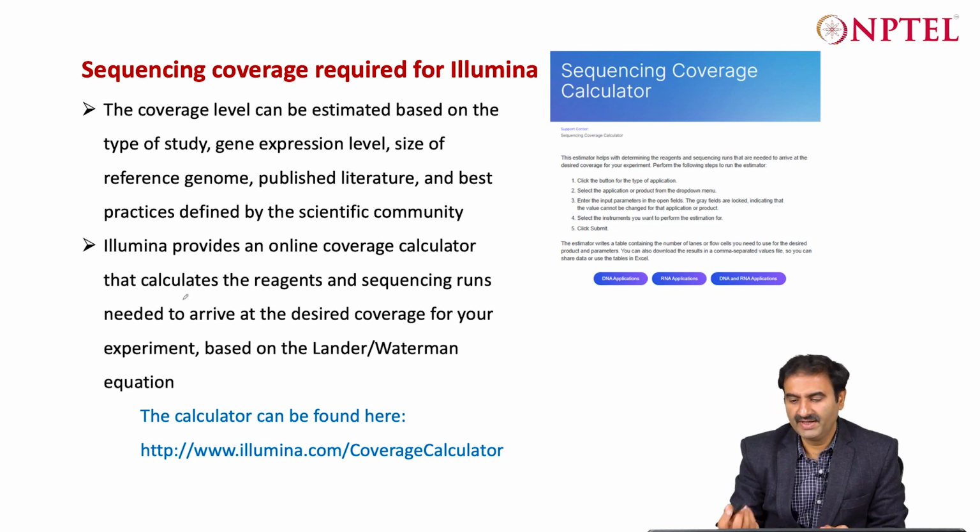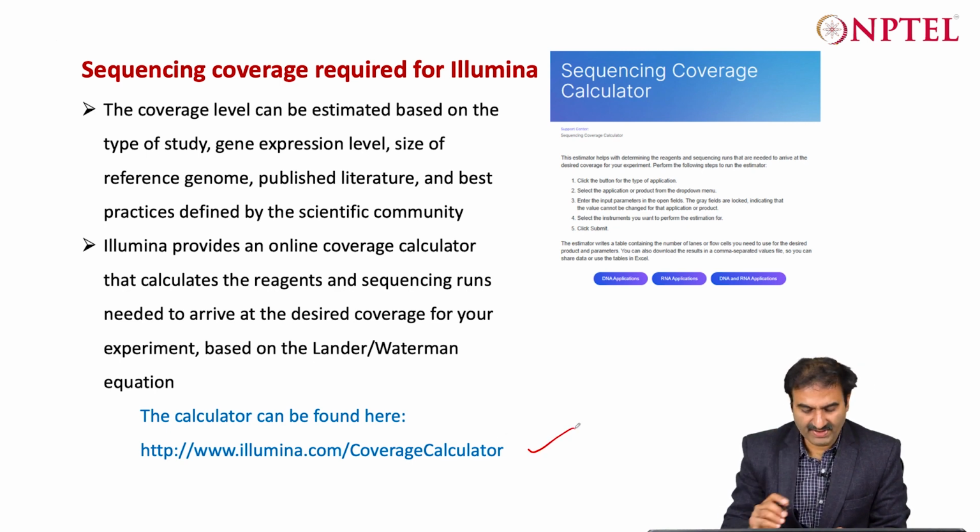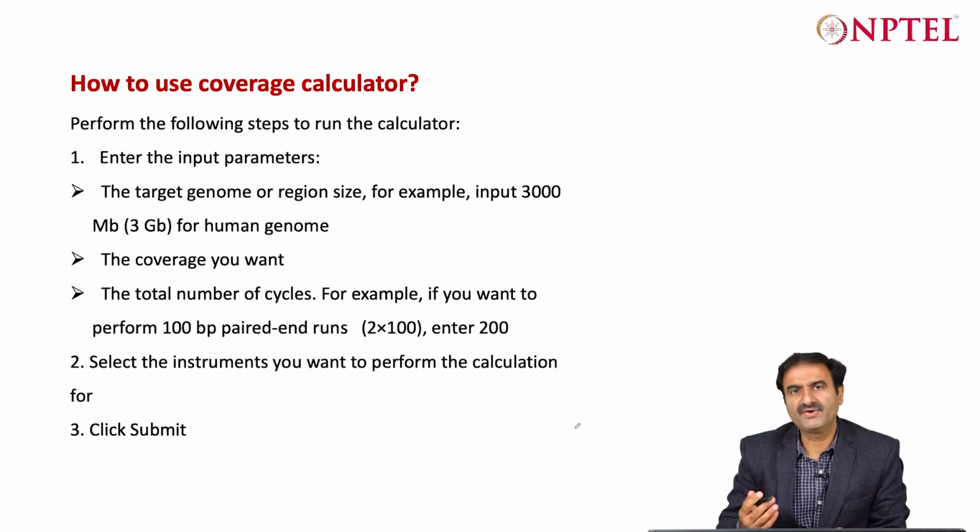They provide a calculator on their site called the sequencing coverage calculator. If you feed in the genome size, it can tell you how much coverage you need and what resources or consumables are needed, based on the platform you have selected. You can give it a try: for a bacterium you can calculate 5 million base pairs, and for a typical eukaryote 1 to 2 billion base pairs, right?